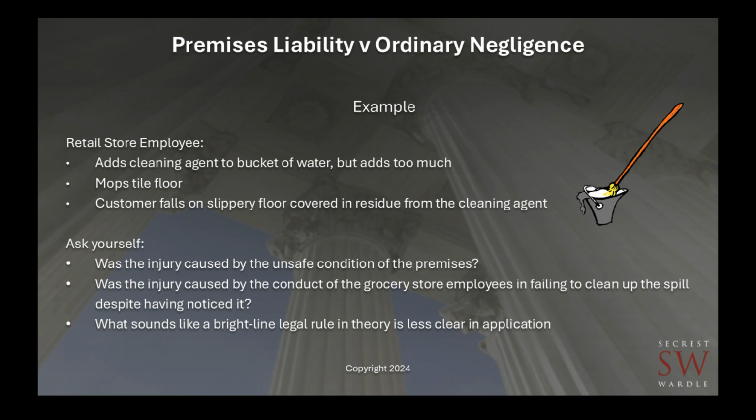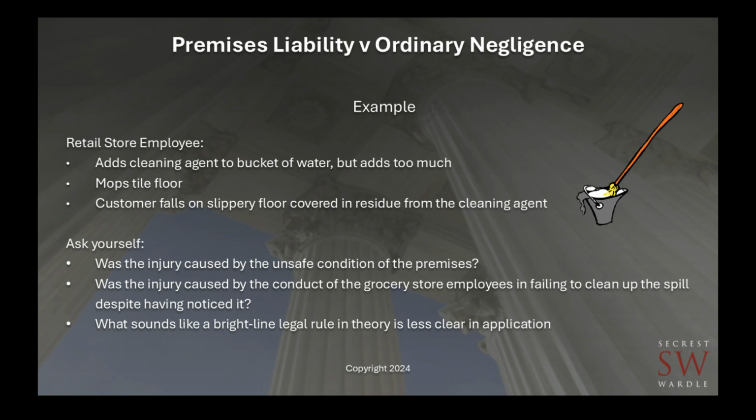Was the injury caused by the unsafe condition on the premises? Well, in this particular example, sure, it was caused by the puddle of clear liquid on the ground. Or was the injury caused by the conduct of the store employee in failing to clean up the spill despite having noticed it? Well, perhaps.